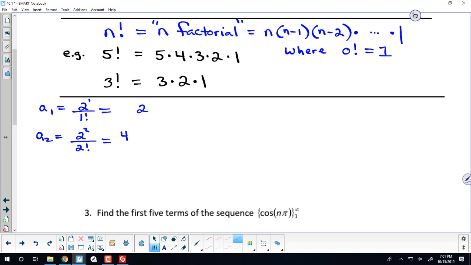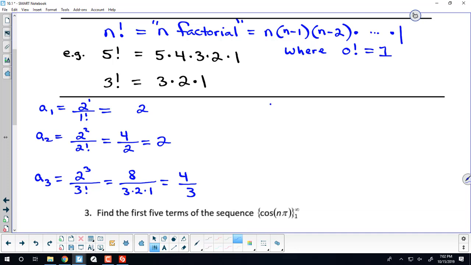So we have 4 over 2 times 1. A sub 3 is 2 cubed over 3 factorial, which is 8 divided by 3 times 2 times 1. 8 over 6. 4 over 3. I said the first 5 terms. Okay.